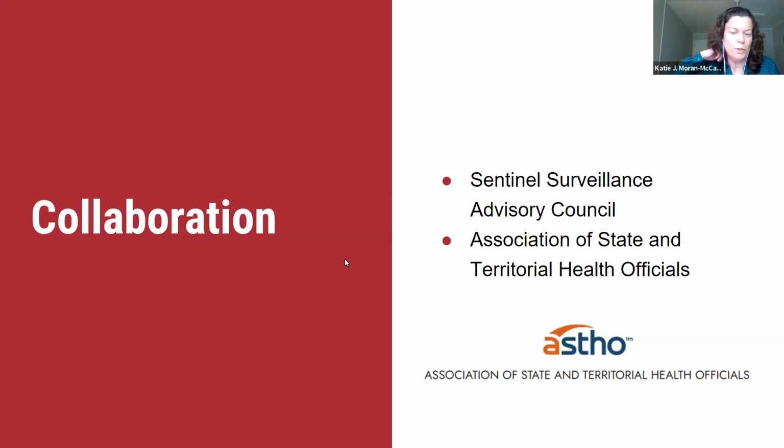So we knew that collaboration was going to be important in the Sentinel surveillance process. So as Alex mentioned, one of the first things that we did in developing these methods was to create a council of key stakeholders from various organizations made up of folks with a variety of expertise who helped us to, number one, refine our topic selection guidelines that Alex just discussed, but also highlighted topics for us to consider tracking.